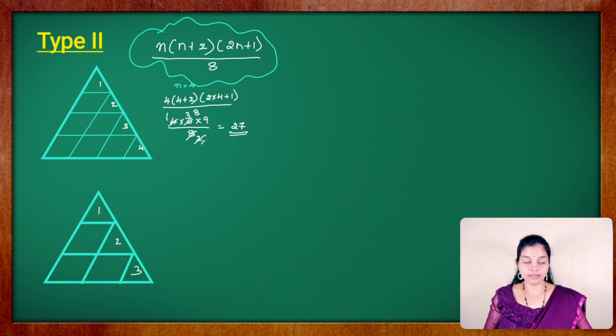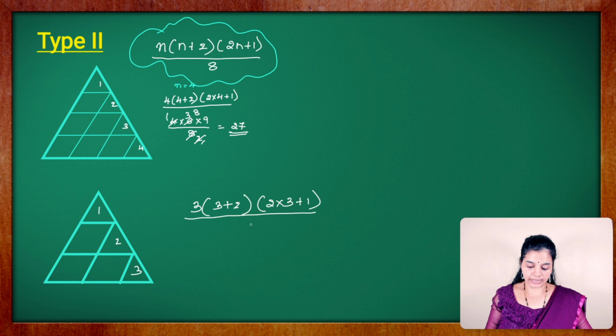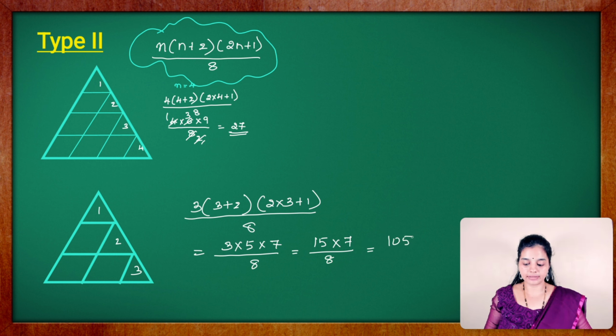So 3 triangles when it is divided horizontally, making use of the formula n into n plus 2 into 2n plus 1 divided by 8, which is equal to 3 into 5 into 3 2 is 6 plus 1, 7 divided by 8. 3 into 5, 15 into 7 divided by 8, which is equal to 105 divided by 8, and we need to simplify.